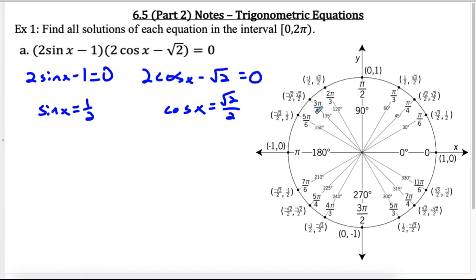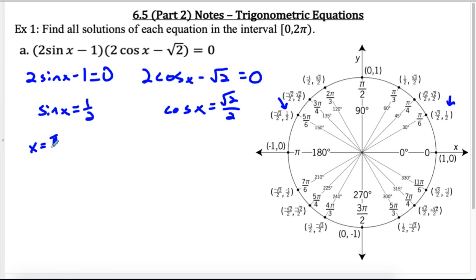Then we are using our unit circle to find where sine equals 1/2. Remember, sine is the y value, so that would occur here and here. So we can say that x is pi over 6 and 5 pi over 6.